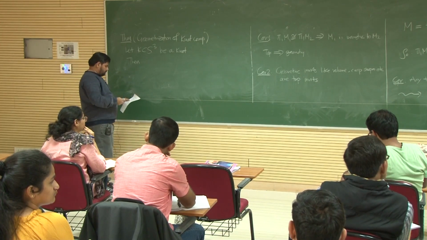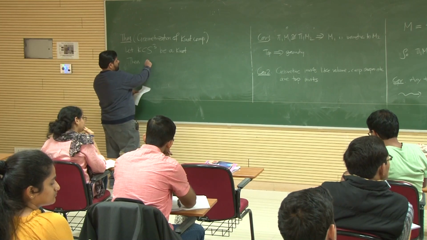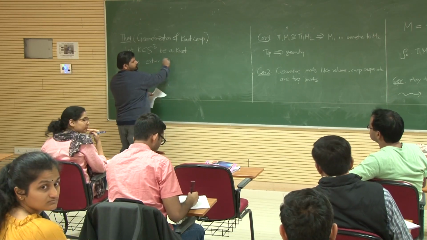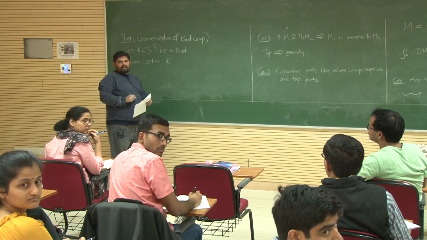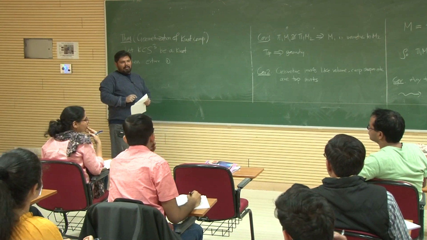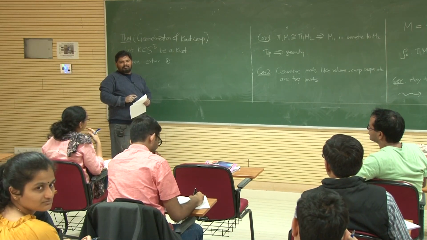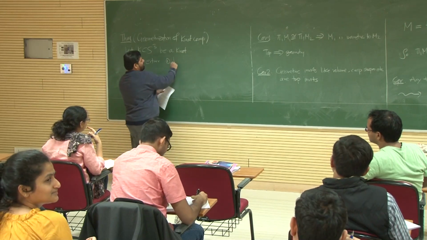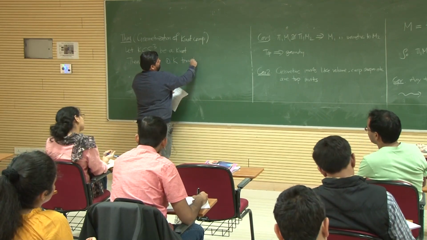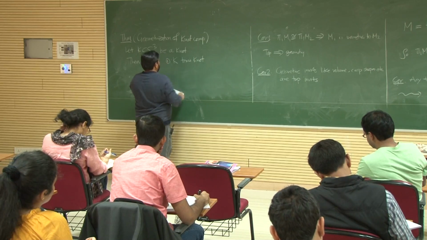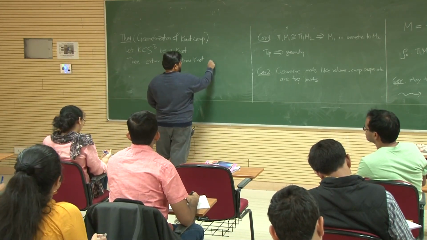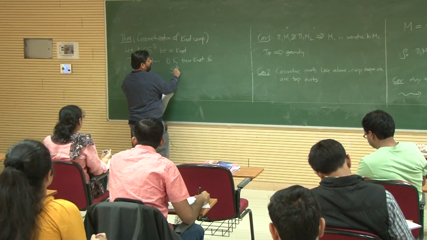So for a knot K, either K is a torus knot, and then it's not hyperbolic.